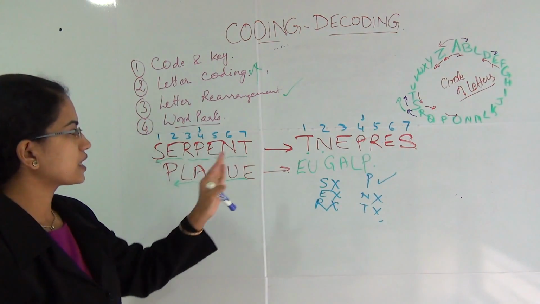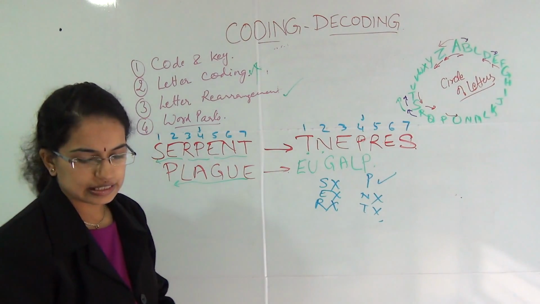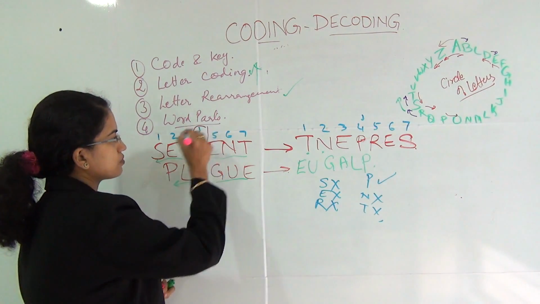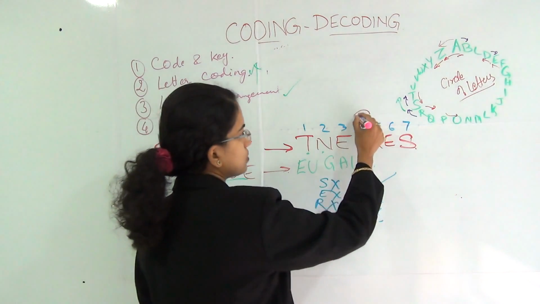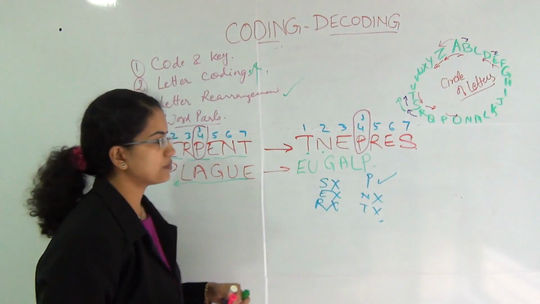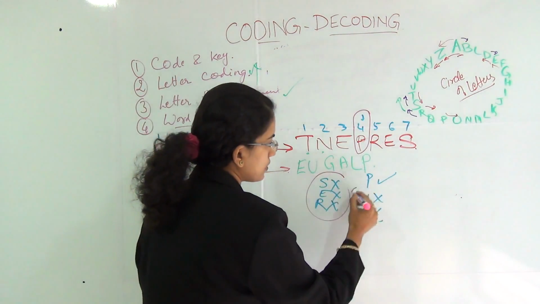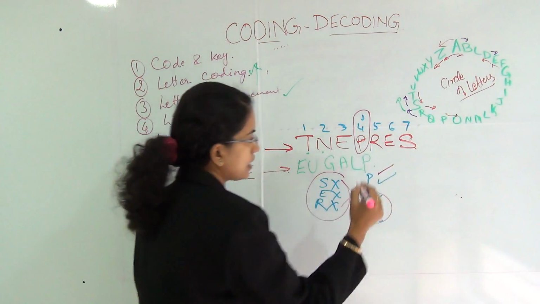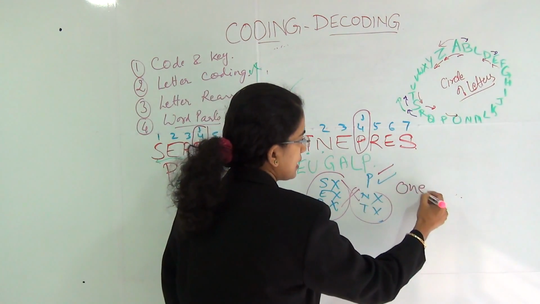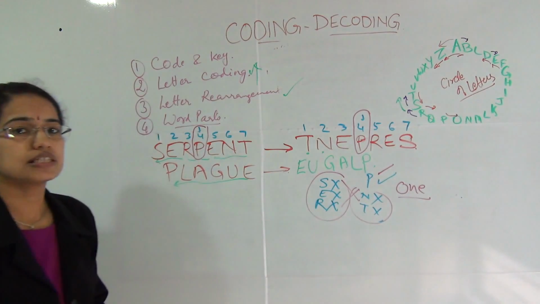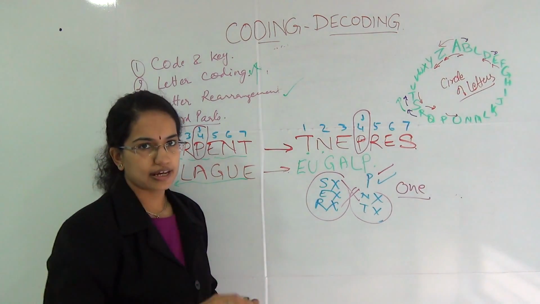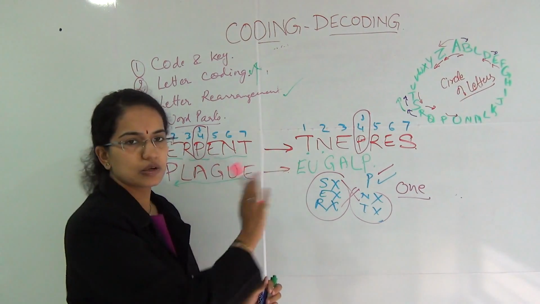Then I see which letters would remain at the same position. Letter P is at the 4th position here, and here also letter P remains at the 4th position. So there is only one letter which would have the same position in the coded and the decoded language.